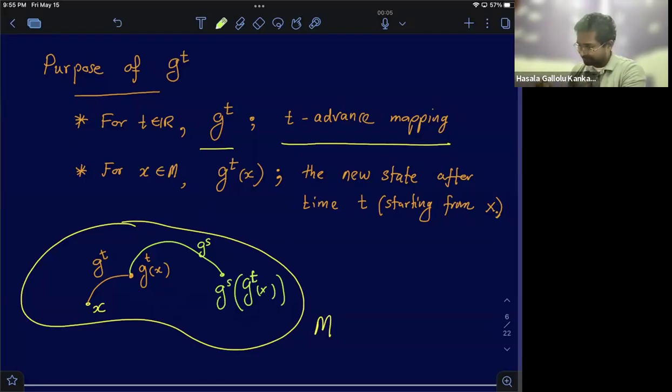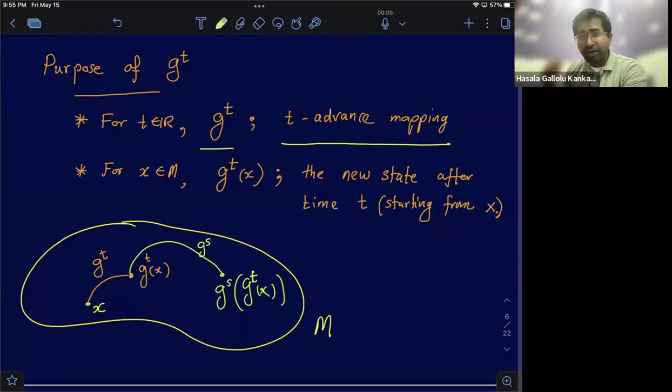So now this is the simple story. Whichever point we prefer, where we start from is going to determine where we end up when you apply the corresponding advanced mapping. Now, let's think about this for a moment. If this is going to define a dynamical pattern for consistency, this is what we need.